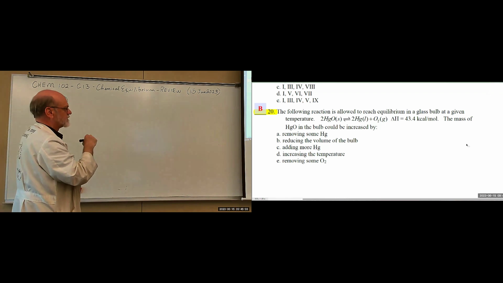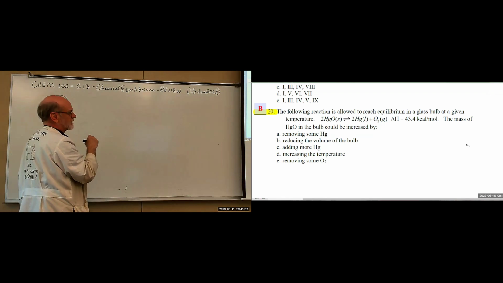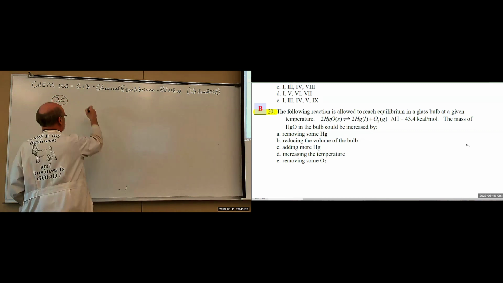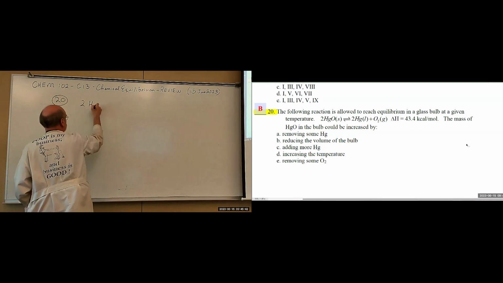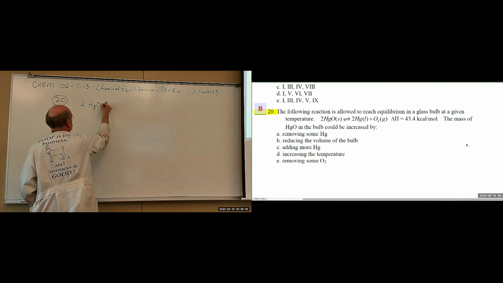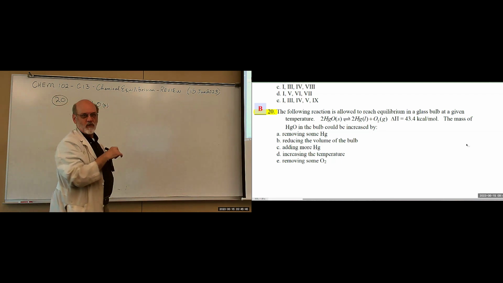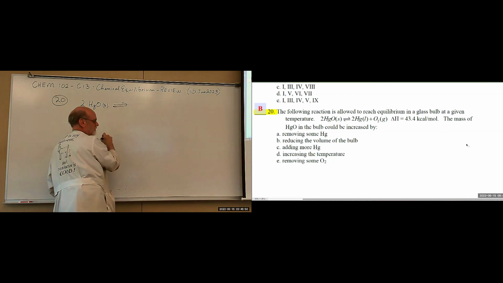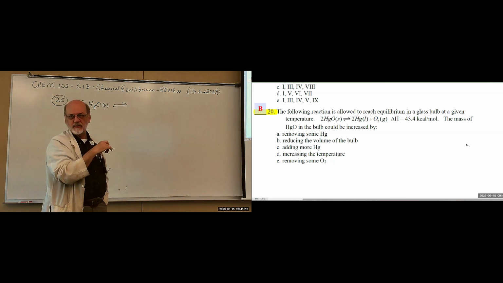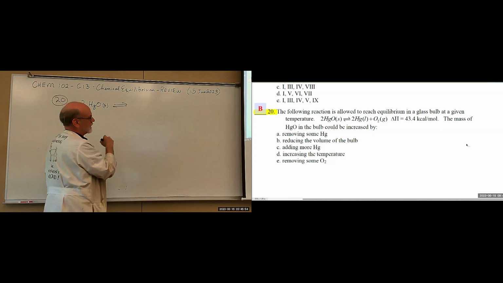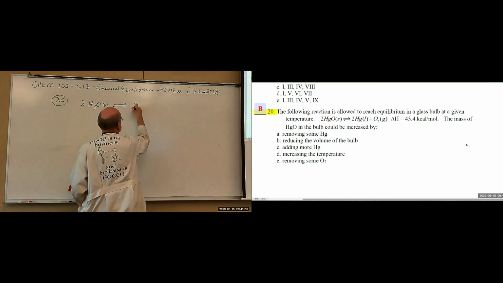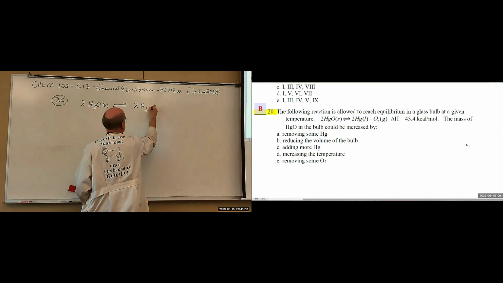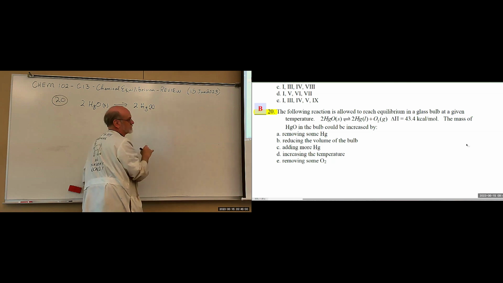The following reaction is allowed to reach equilibrium in a glass bulb at a given temperature. So mercury(II) oxide is a solid. It's kind of a red color. You can probably get videos on YouTube that show you this reaction. And then it's in equilibrium with mercury liquid, which is a metal.